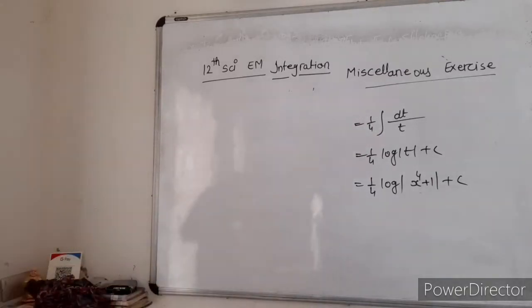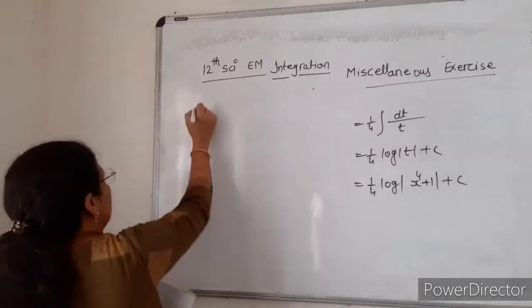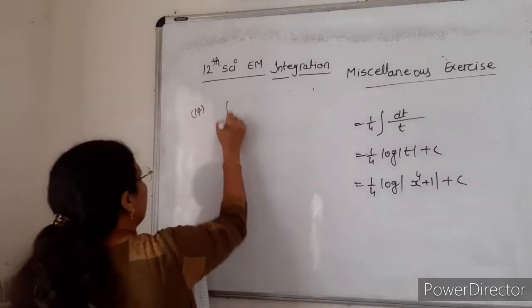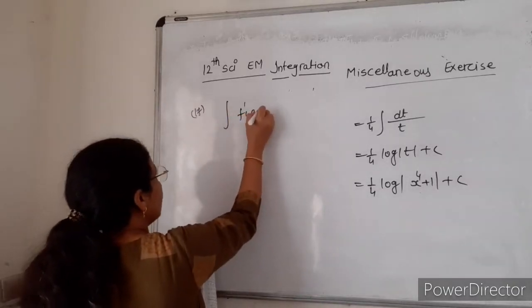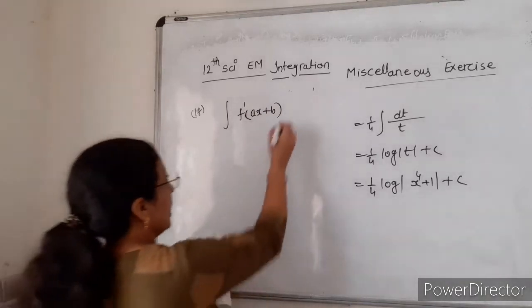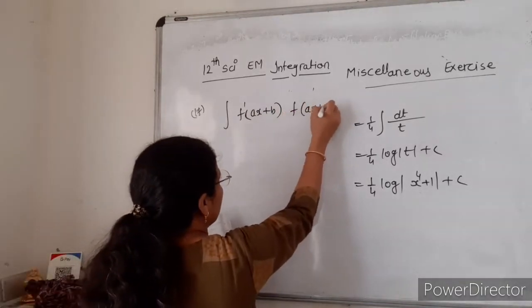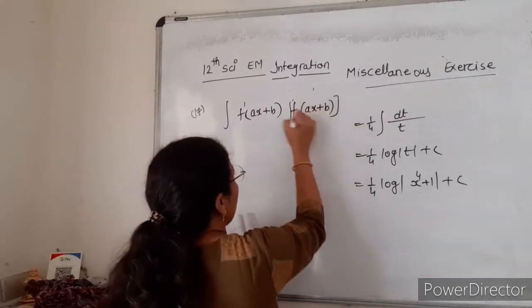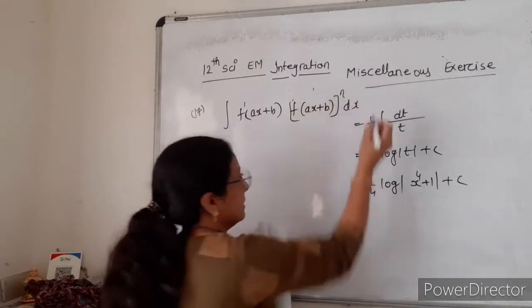We'll go ahead, question number 16 we have done. Now 17. The question number 17 is the integral of f dash of ax plus b into f of ax plus b raised to the power n dx.